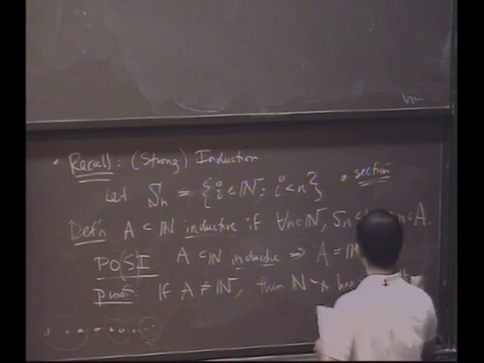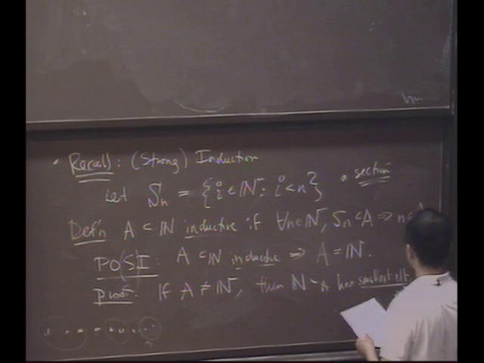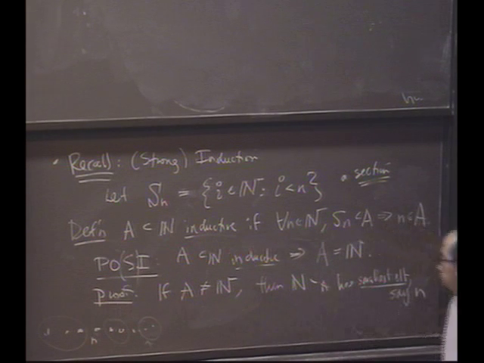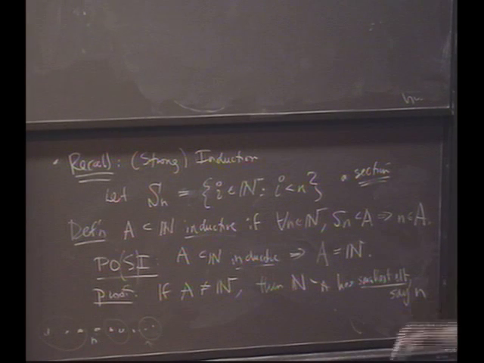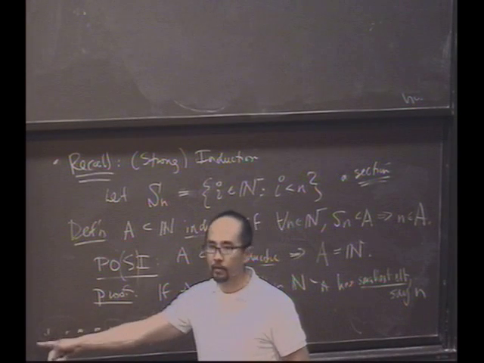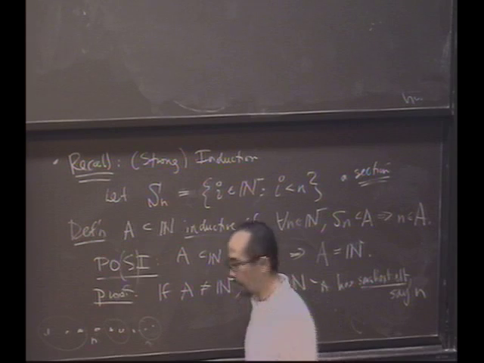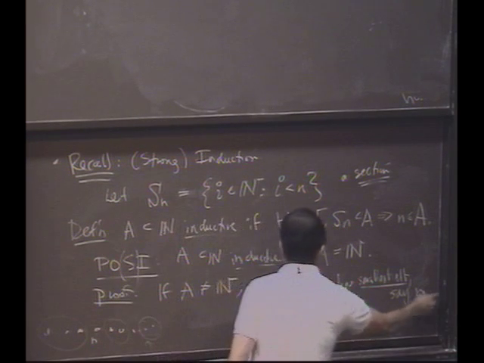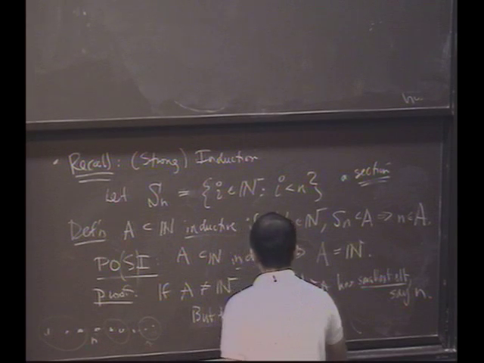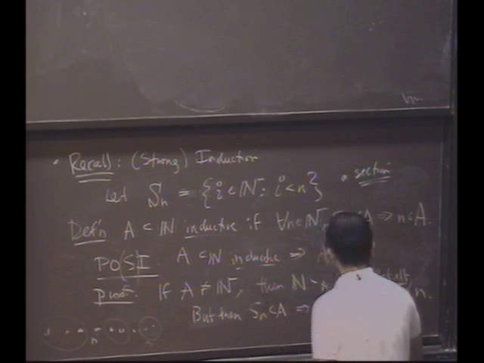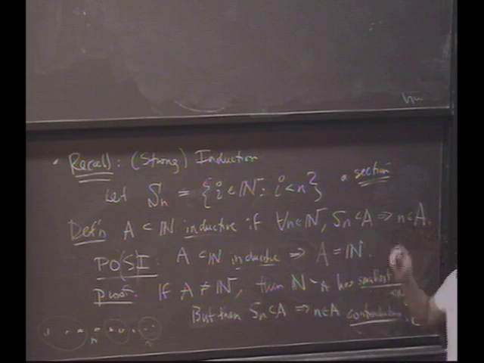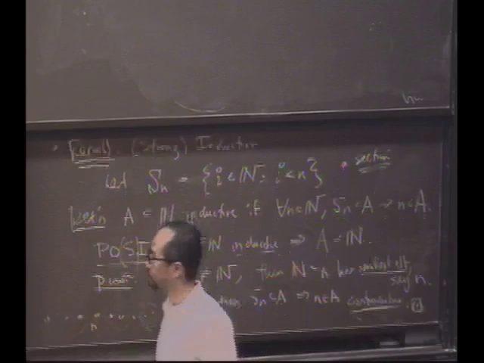Let's call it n. What's the contradiction? Little n, yes, Emil? Oh, but everything before it is in A. Therefore, S sub n is in A, which implies that n is in A. Contradiction. Okay, great. That's the principle of strong induction.